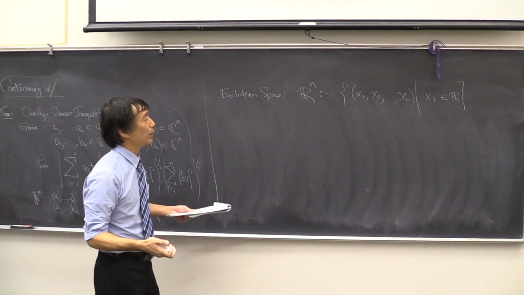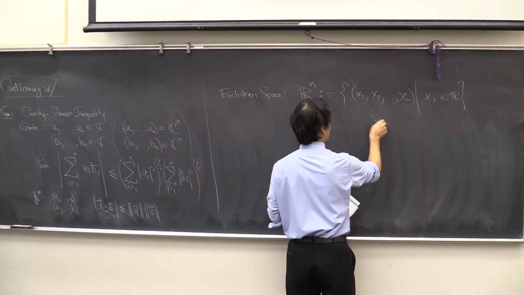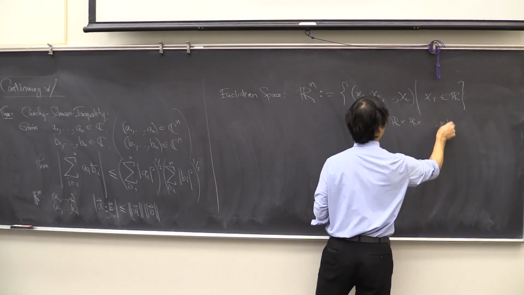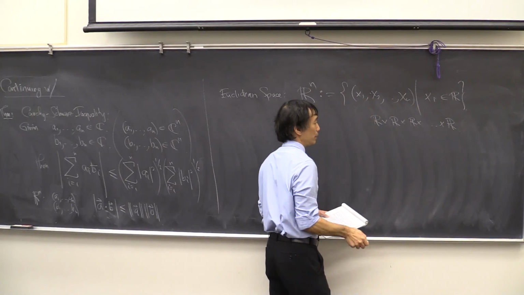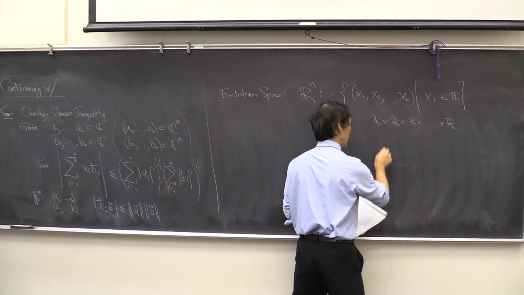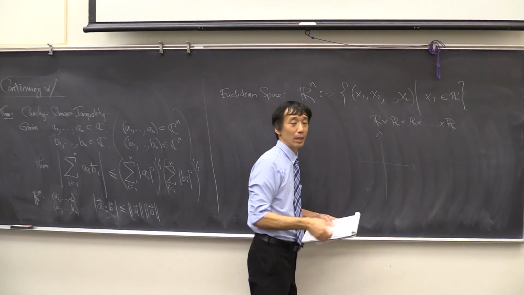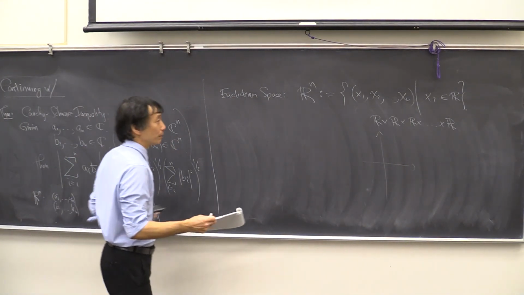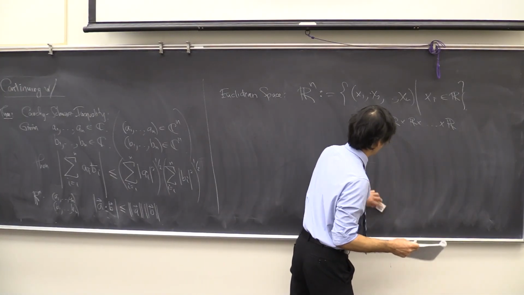It's a product of n copies of the real line, just like the plane is a copy of the real line crossed against the real line, and so on and so forth. It's what's called a Cartesian product.